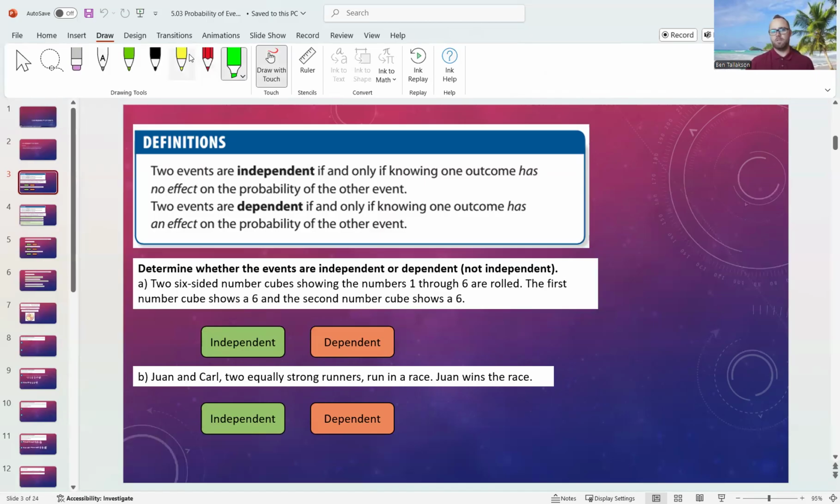Independent or not? These are independent. These are two separate die being rolled. One can land on whatever it lands on, and so can the other. It does not at all depend on the other. This is just a coincidence that they both landed on 6s.